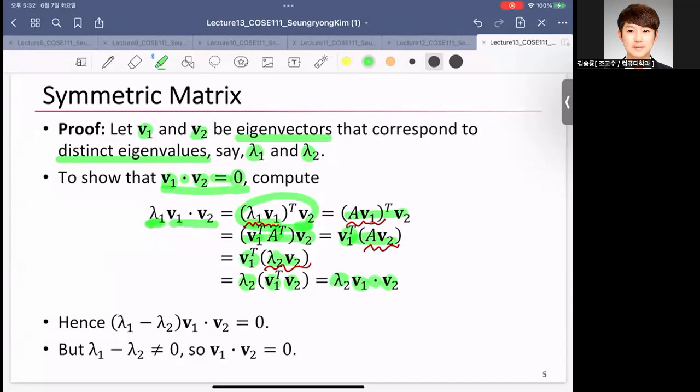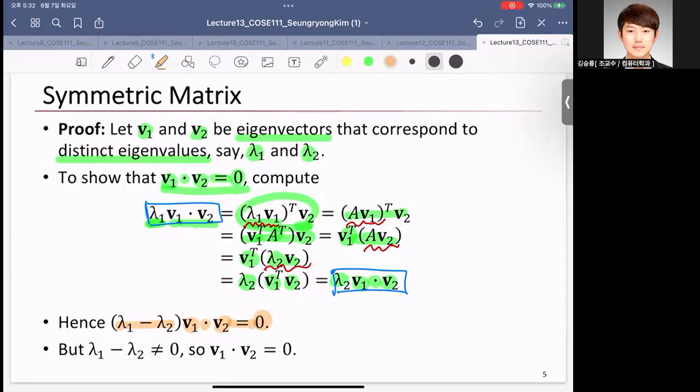So here we can see λ1 times the inner product of V1 and V2 is equal to λ2 times the inner product of V1 and V2. Hence, if we subtract the left hand side from the right hand side, λ1 minus λ2 times the inner product of V1 and V2 is equal to 0, right?